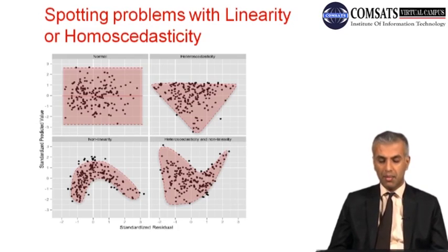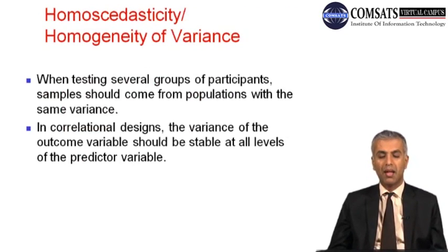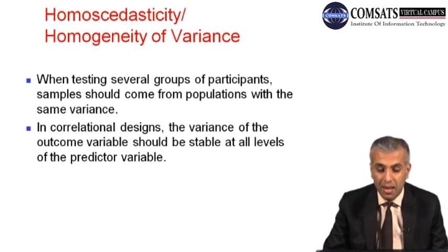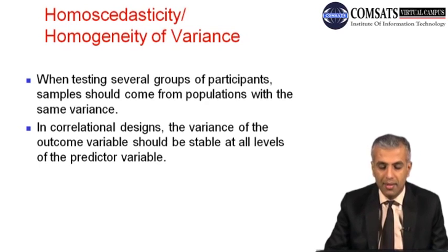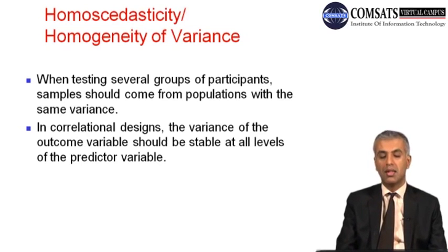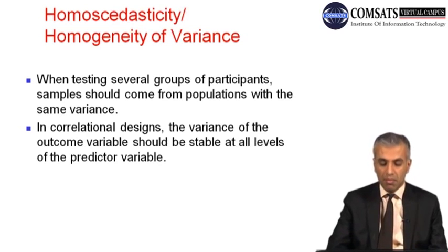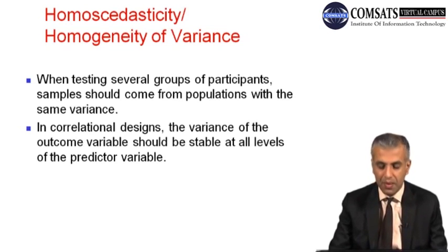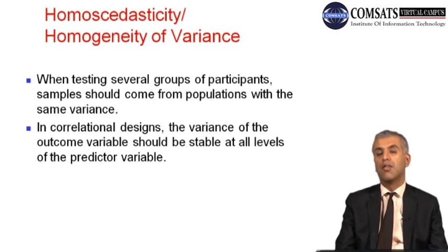So what is homoscedasticity, in other words homogeneity of variance? Under this condition, no matter how many samples we take out of the population, they should have about the same variance. In other words, the variance of the outcome variable should be stable at all levels.